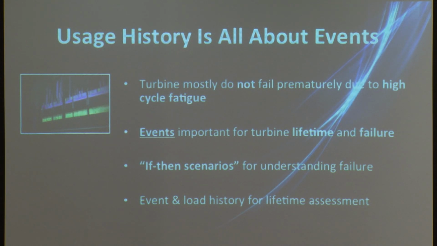So the curve you saw that was going up after a few years, it's not the traditional fatigue that is causing this. It's not the stuff that's in the standard. There are other things happening that we don't completely understand yet. Events are important. I want to go to if-then scenarios. If this and this and this has happened and I saw this, then it will probably do this, where I have event and load history for lifetime assessment.